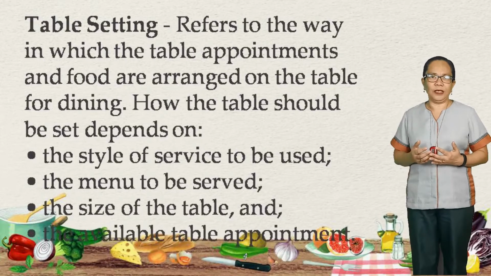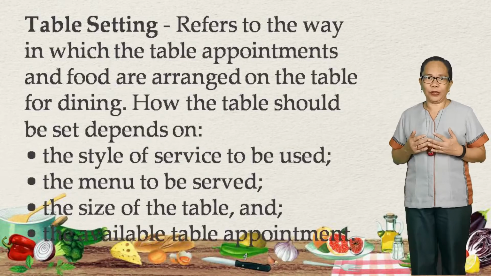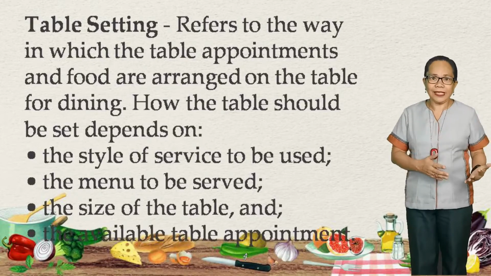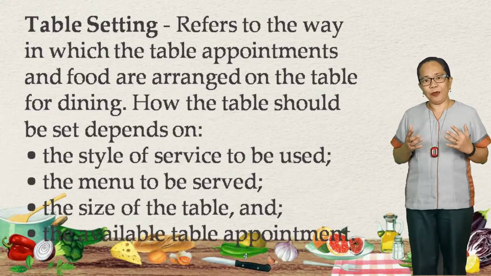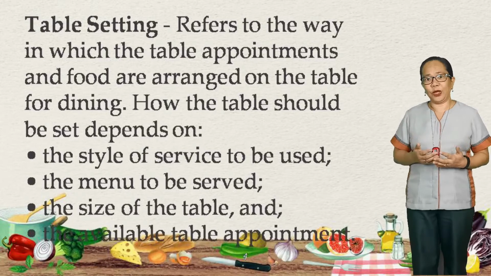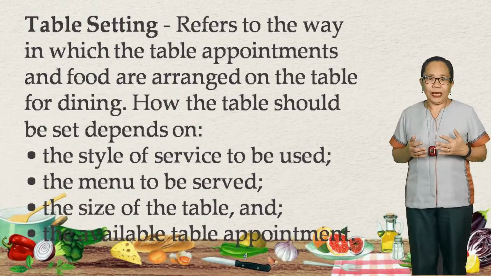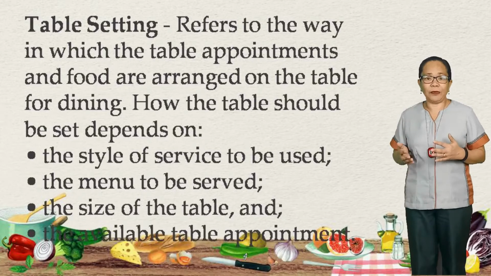So those are the different table appointments that are needed if we're going to set the table based on the customer's preference. So kung i-ready mo yon, yung mga gamit na yon, depende sa gusto ng customer. Once we say table setting, it's not only the table appointments that have to be arranged, but so as with the food.